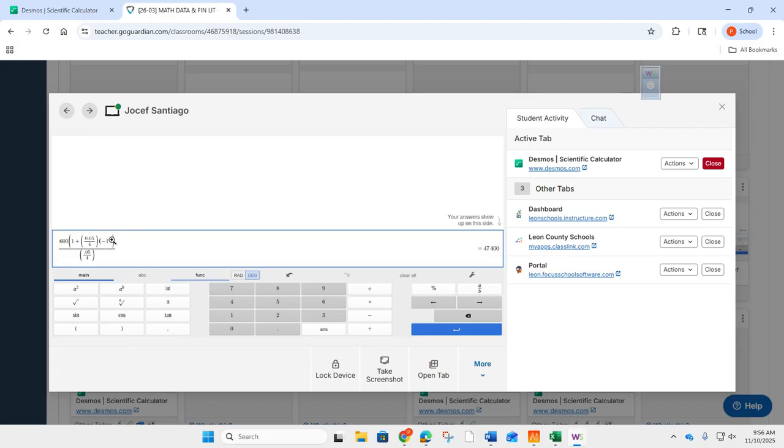One more backspace. You did? Okay, now a to the b power. Now, left parentheses, 4 times 5, right parentheses. Right parentheses. Hit enter.